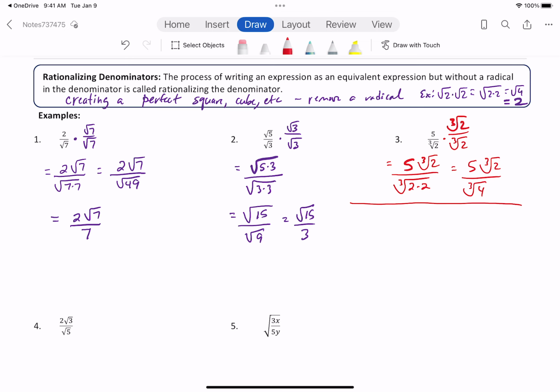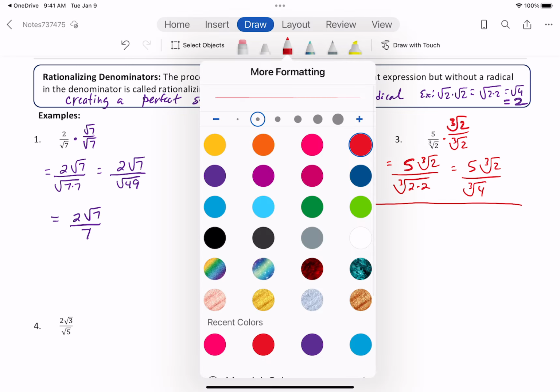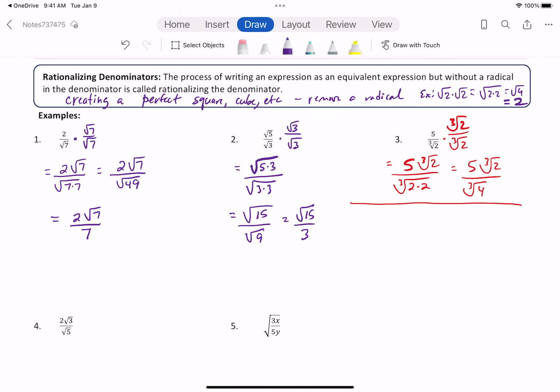So what we have to do when it's not a square root is instead think about how many more we're going to need. So I have the cube root of 2. Well, we know a perfect cube is something times itself 3 times. So the cube root of 2, we have 1, 2.